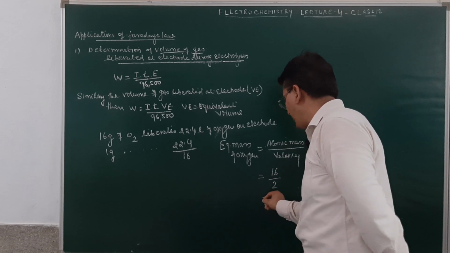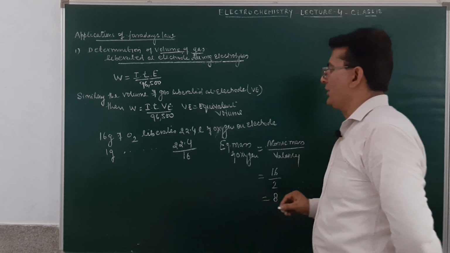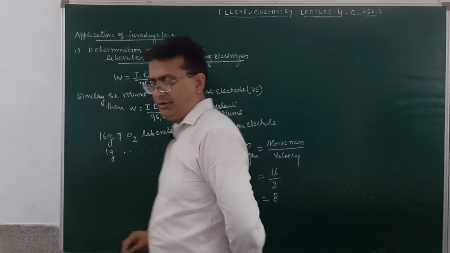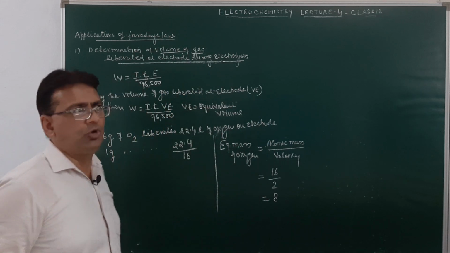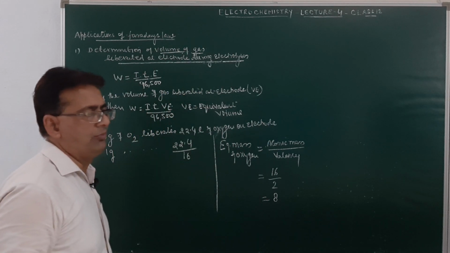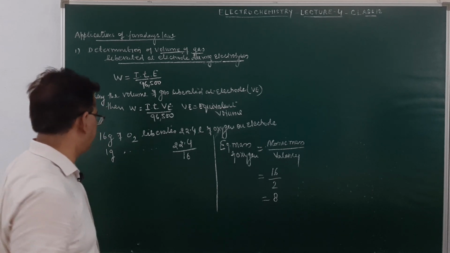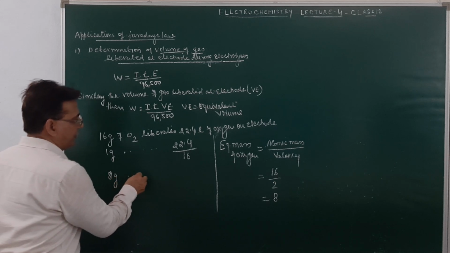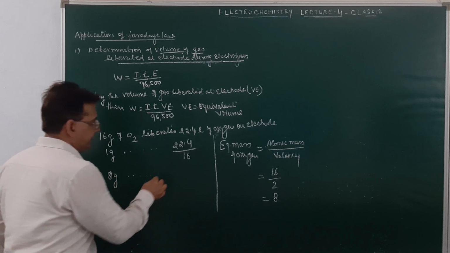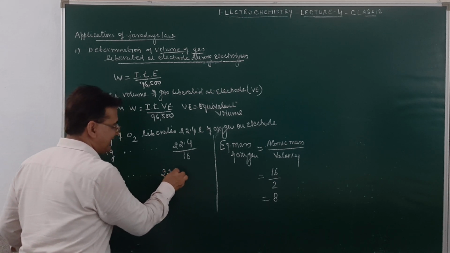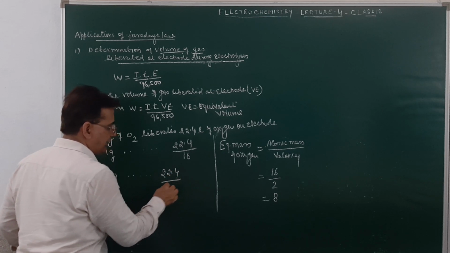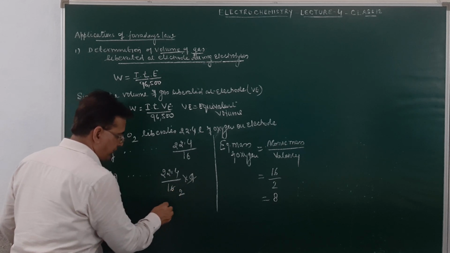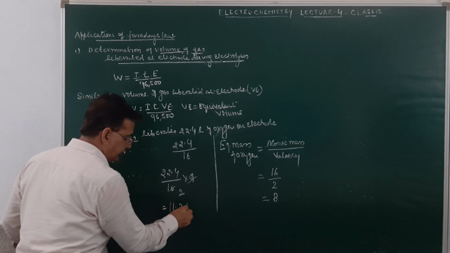So this will come out to be equal to 8. Now, equivalent volume is the volume liberated by the equivalent mass of a substance. So 8 gram of oxygen will liberate 22.4 divided by 16 into 8, which comes out to be 11.2 liter.